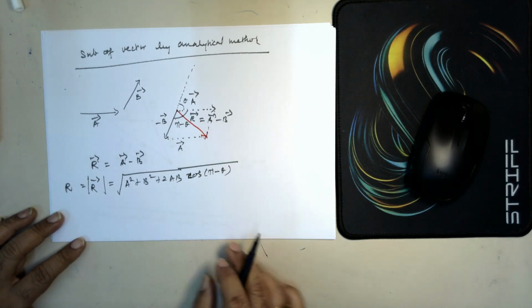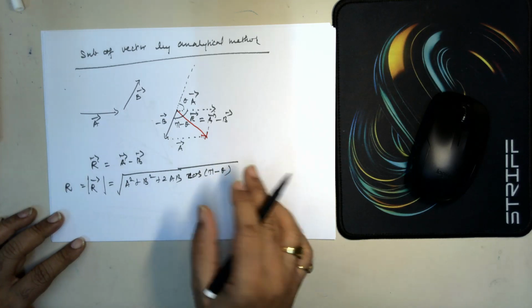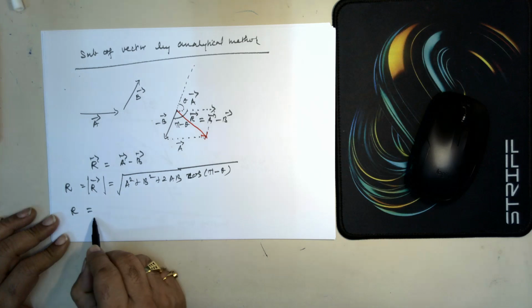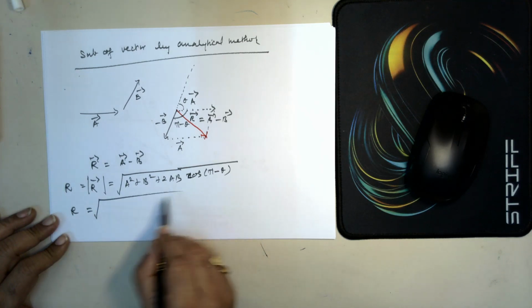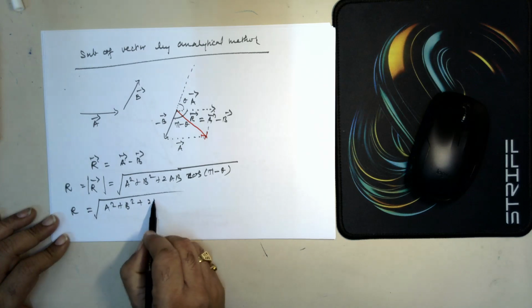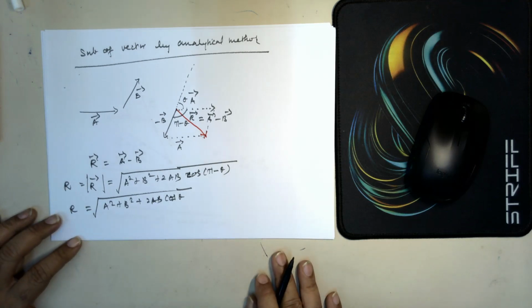Okay. So cos of pi minus theta means cos theta only. Cos 180 minus theta is equal to cos theta. So R is equal to the whole square root of a squared plus b squared plus 2ab cos theta. So once again, you get the same formula here.